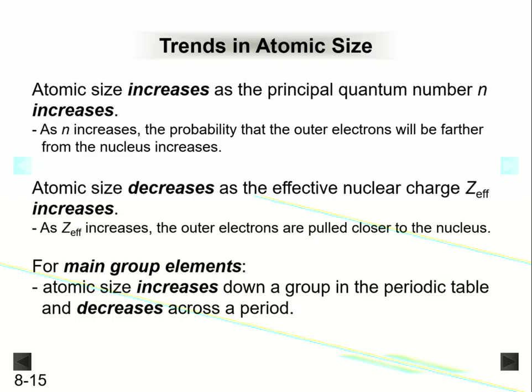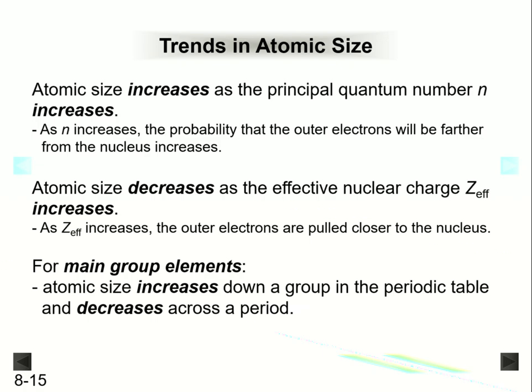Atomic size tends to increase as the principal quantum number, n, increases. We know that as n goes up, you're getting further away from the nucleus. And so as n increases, the probability of the outer electrons being farther from the nucleus increases. So the atom is bigger.